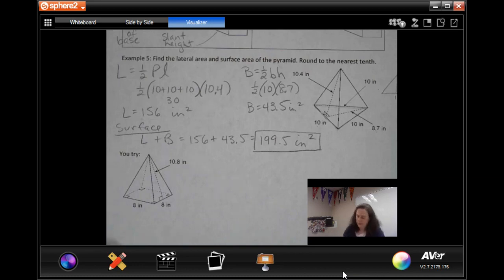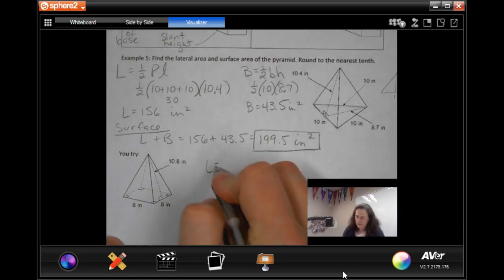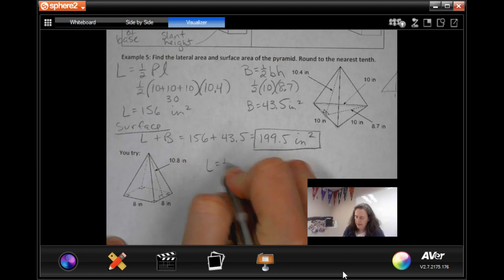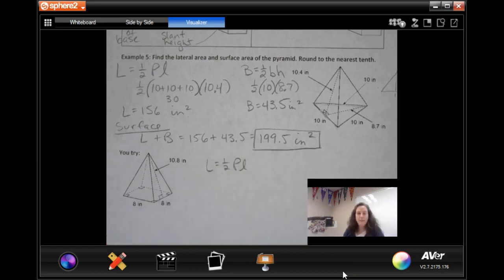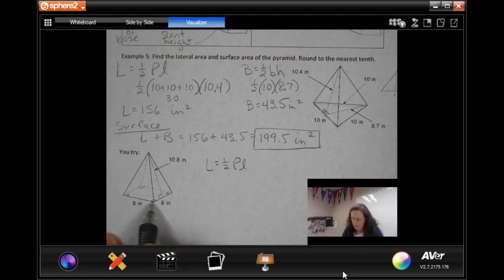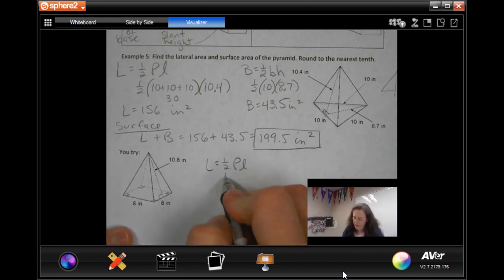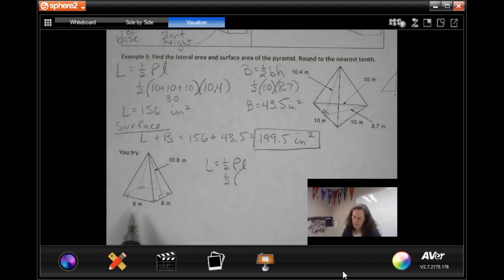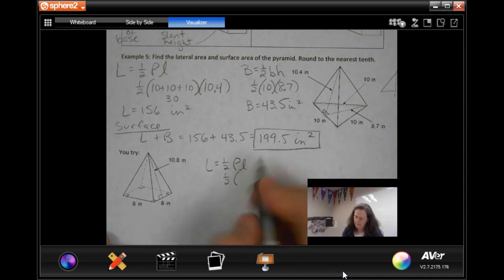All right, let's look. So the lateral area, 1/2 the perimeter times the slant height. And it's a square, so 8, 8, 8, 8 all the way around. 1/2 of 8 plus 8 plus 8 plus 8. 8 times 4 is 32.